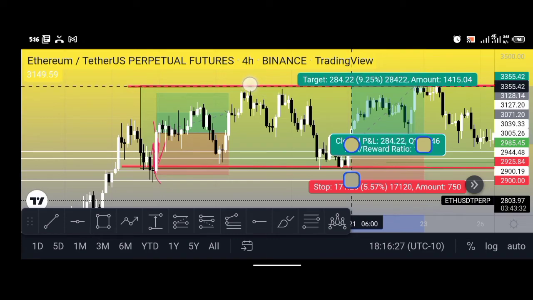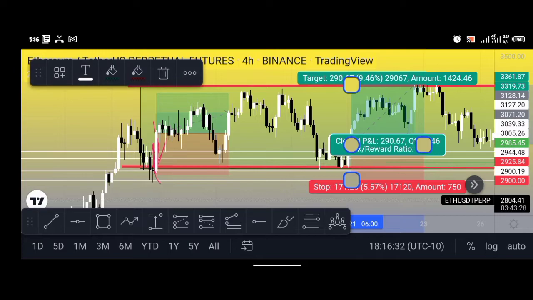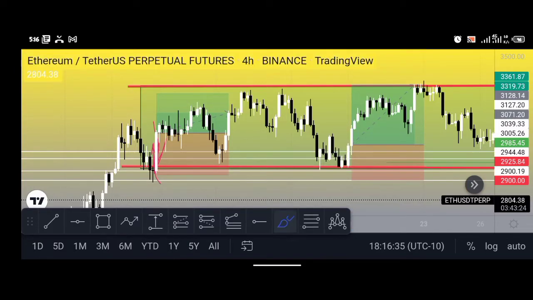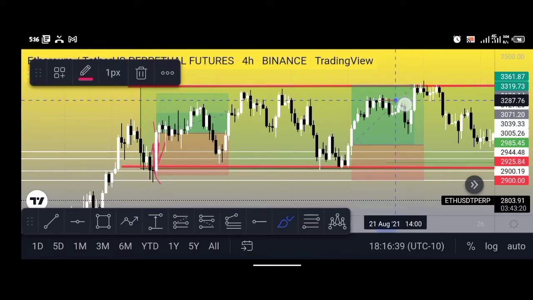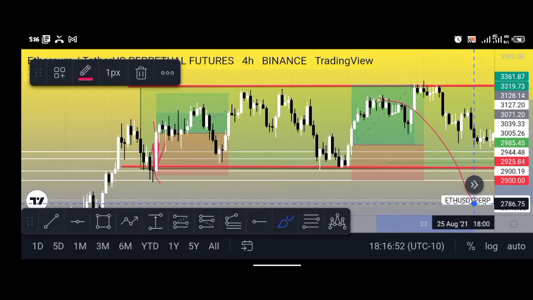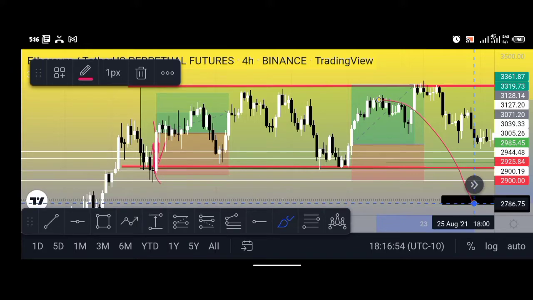You don't know whether the market is going to reverse after forming this higher high here. From here it may reverse and go down. Some people usually take that risk, but for me I always use 1 to 1 risk reward to discipline myself.